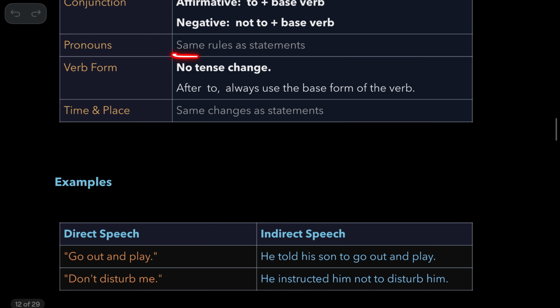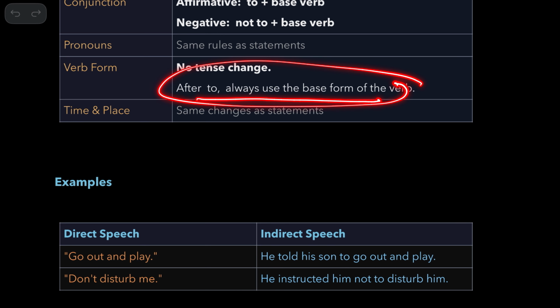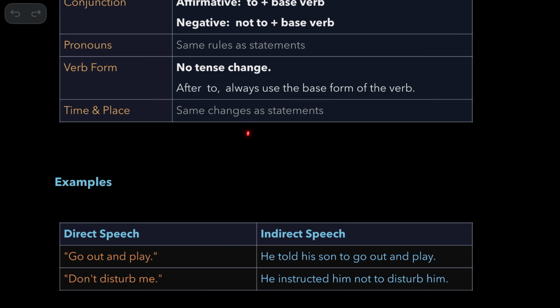And pronouns are changed just like in the statements. And verb form, there is no need for any tense change because you are only going to use the two infinitives like to go, to do, not to do, etc. And time and place words are changed just like in statements.